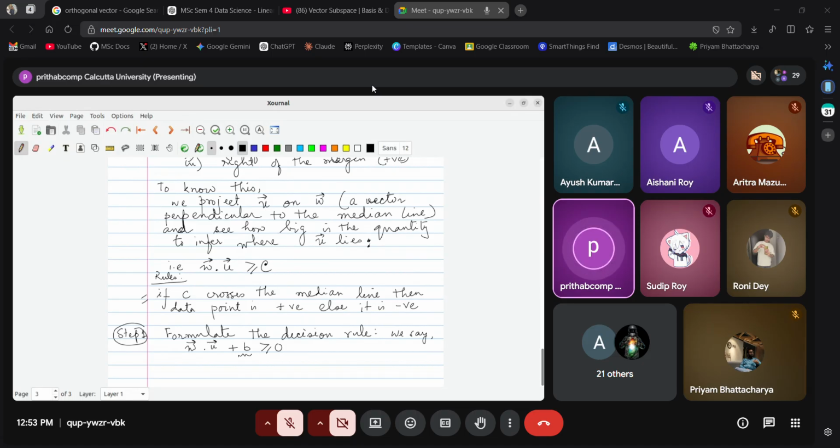In other words, this b is the amount you add so that it becomes a positive sample. So we say if w dot u plus b is greater than 0, then it is a positive sample, a positive class.